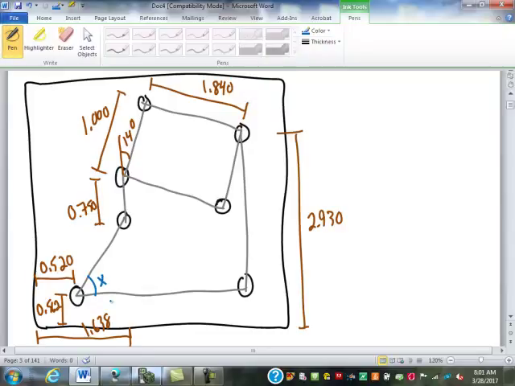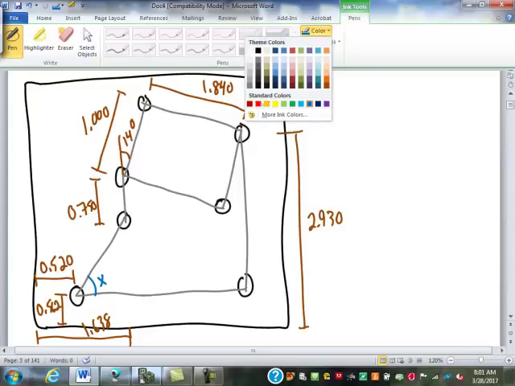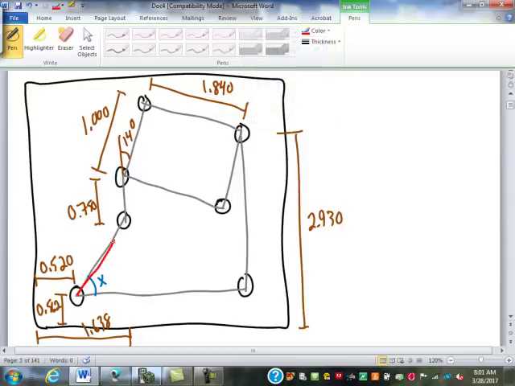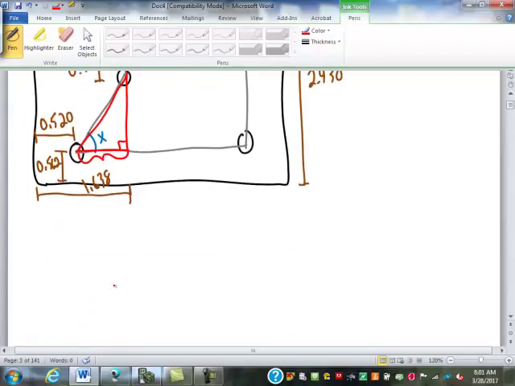To find that angle, I'm going to work on the assumption that I'm dealing with that triangle. I already know this dimension right here. How do I know it? Well, it's just the 1.638 all the way to here minus the 0.520 here. So that's 1.118.